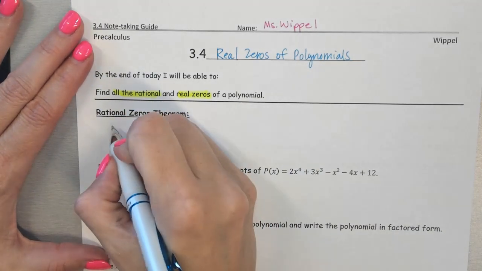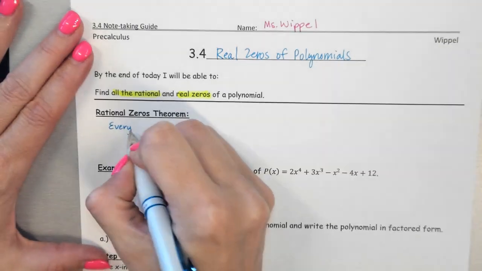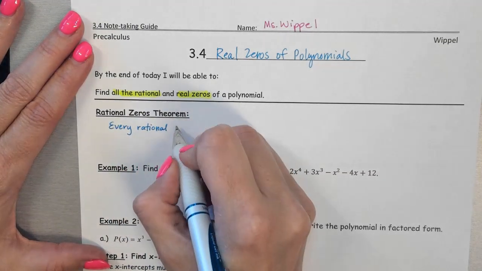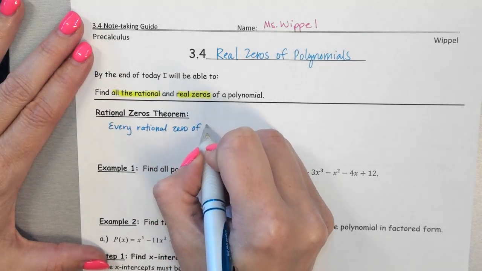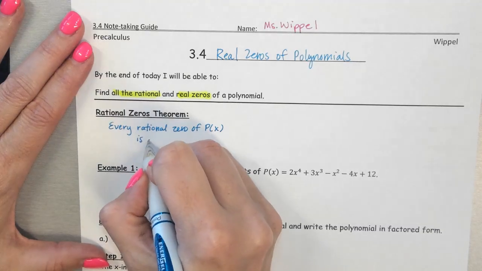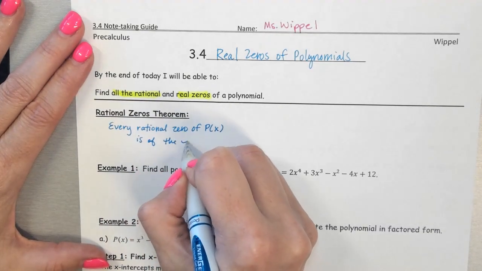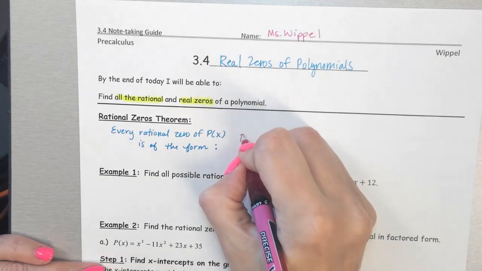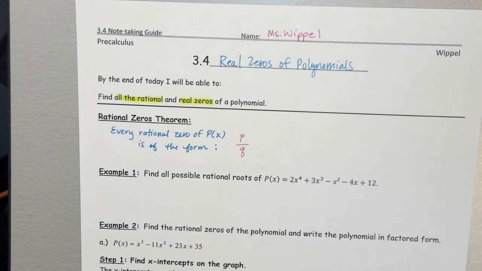So every rational zero of p of x, so some polynomial, is of the form p over q.